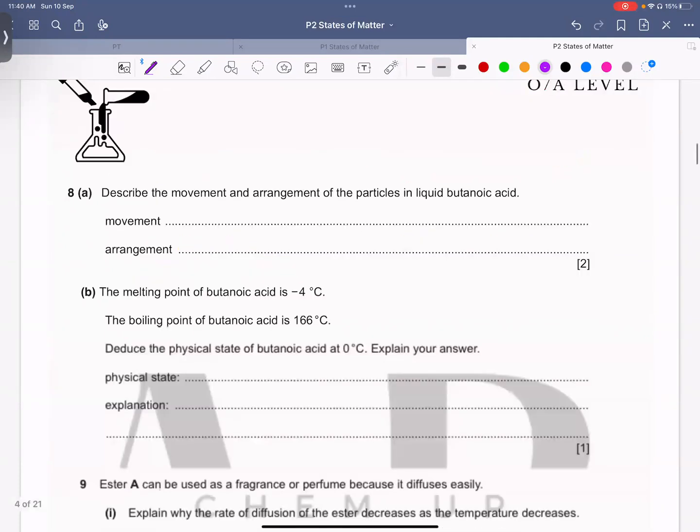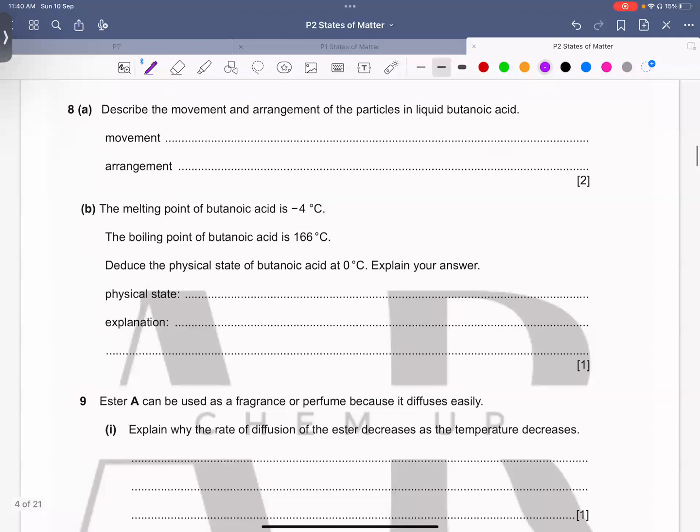Now, have a look at this one. Describe the movement and arrangement of particles in liquid butanoic acid. Who is going to tell me the movement? How are the particles in the liquid moving? Sliding past each other. Yes, sliding past each other.